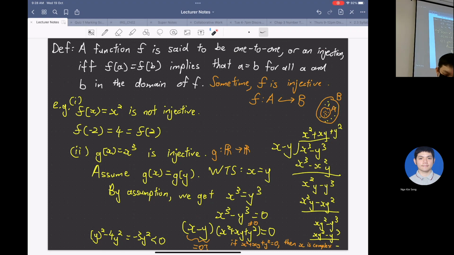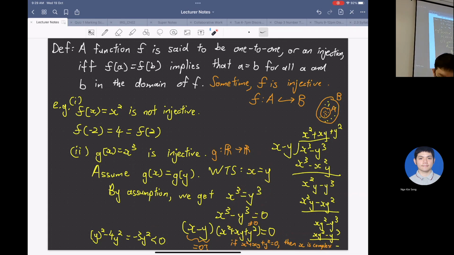Okay, one more time. Since our function is going from real to real, the numbers we consider are in real. So this polynomial here has no roots in real, because any number you plug in, you won't get zero, unless you have a complex number here.